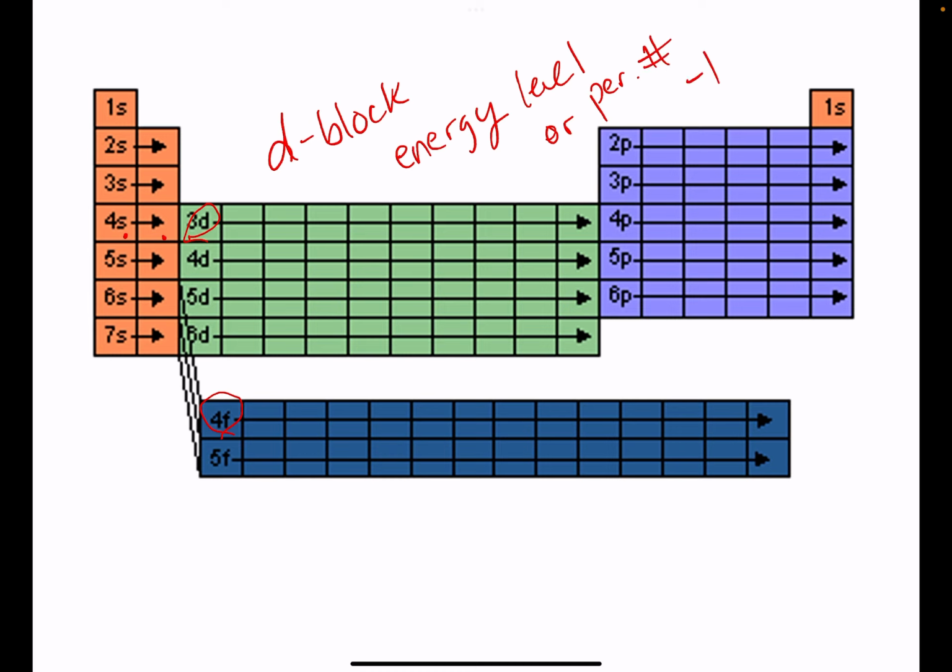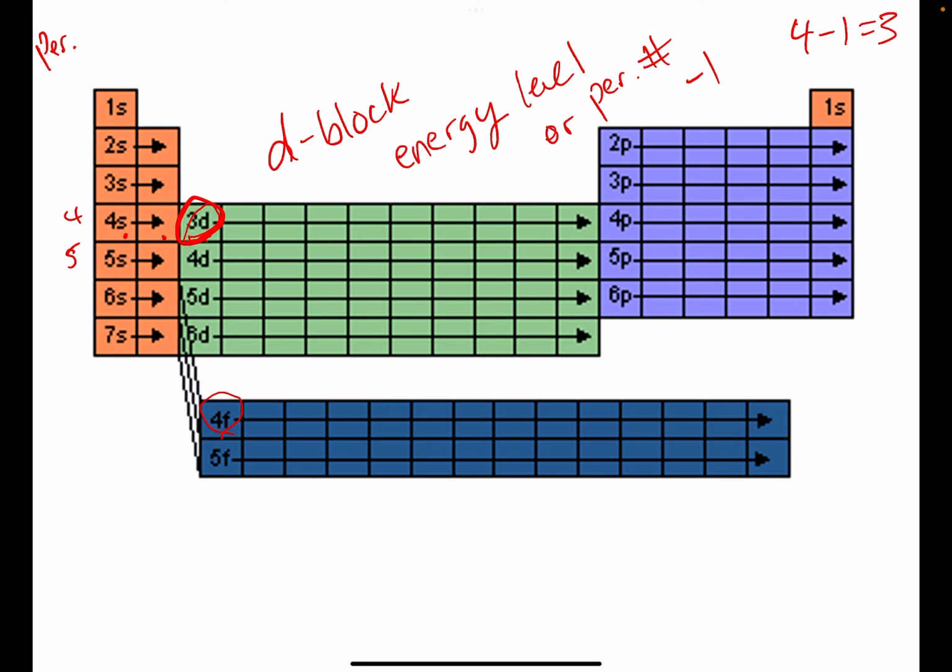So if this is in period 4, 4 minus 1 equals 3. That's where we get 3D from. And if you move down 1, this is period 5, right? That was period 4. 5 minus 1 gives me 4.